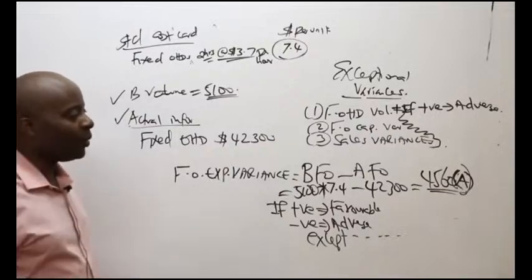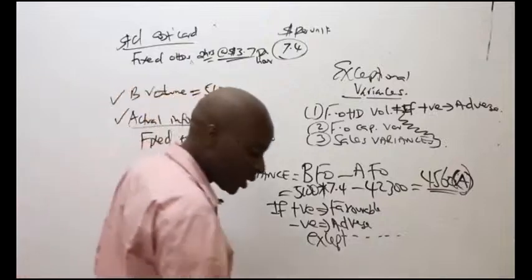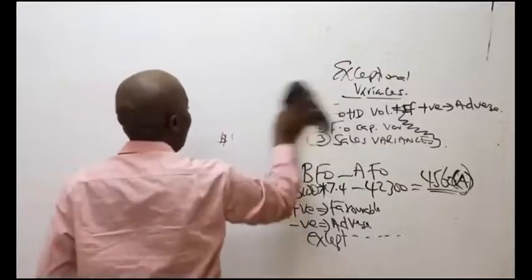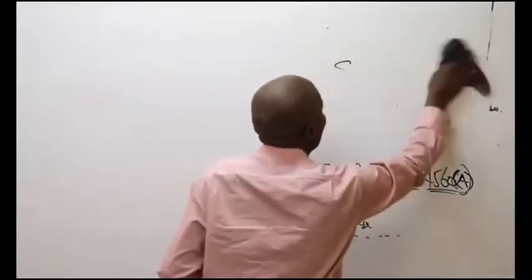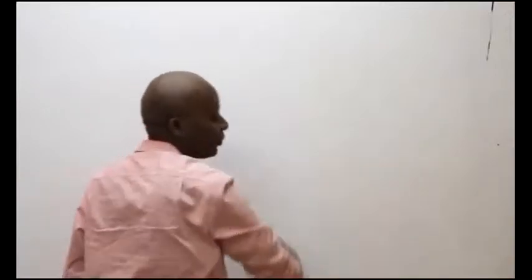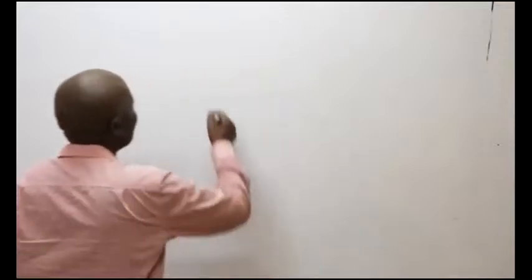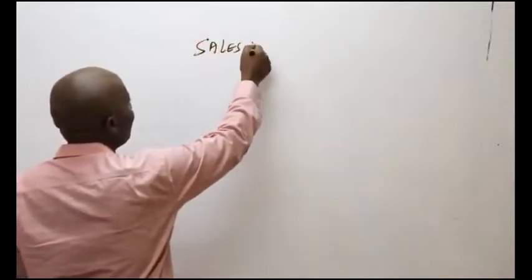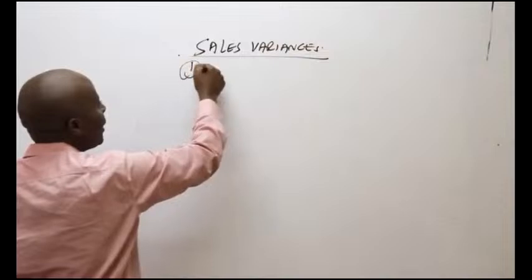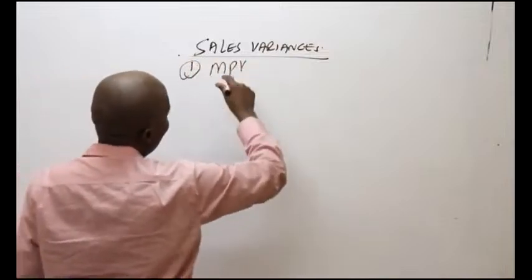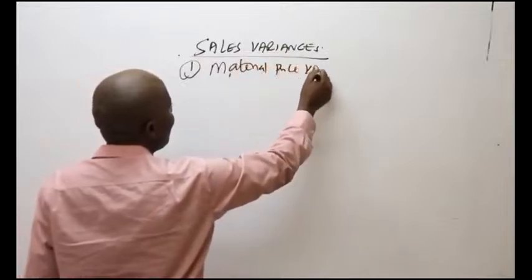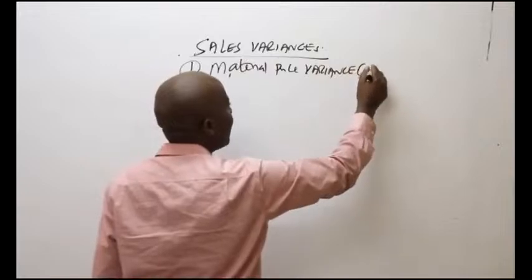Now, please allow me to go to our last type of variances called the sales variances. So we have here sales variances. Sales variances are two. We have material price variance, what we shall be abbreviating as MPV.